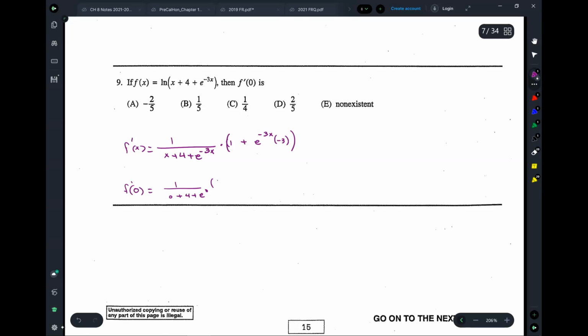So now it's 1 plus e to the 0 times -3. That's -2/5. A.